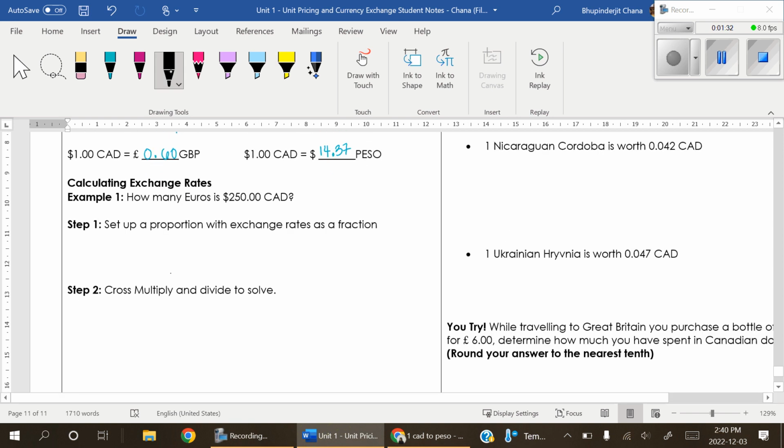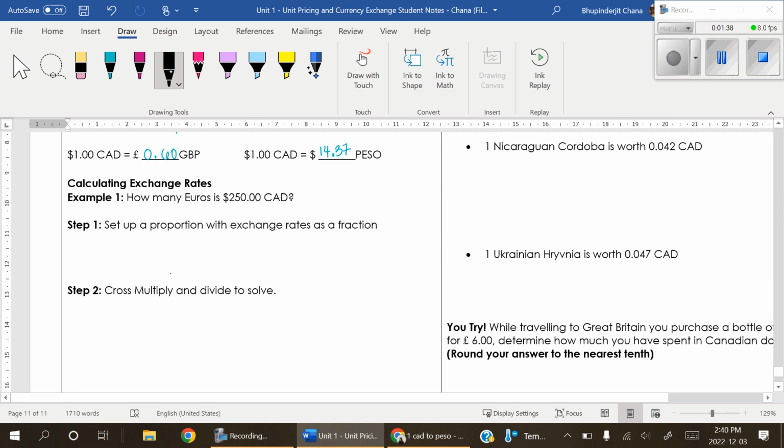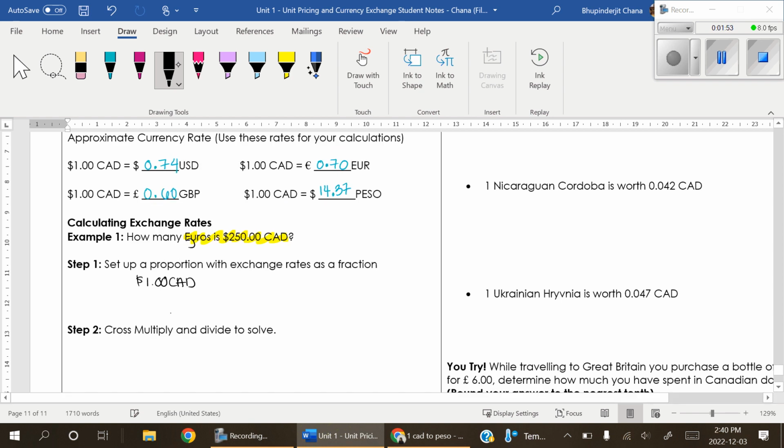Okay, so what we're going to do first is set up a proportion. It says how many euros are in $250 Canadian. So I'm going to go $1 Canadian is equal to 0.70 euros.